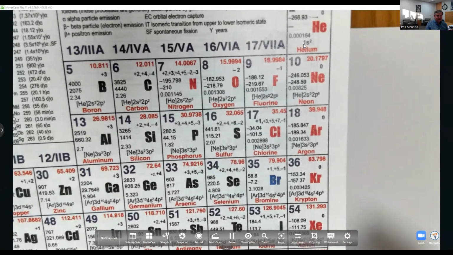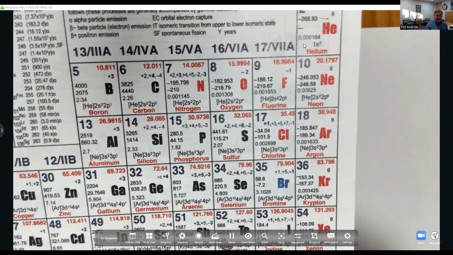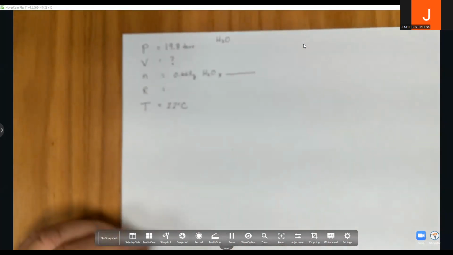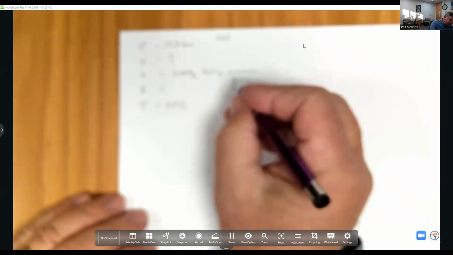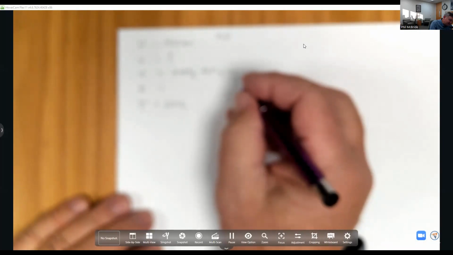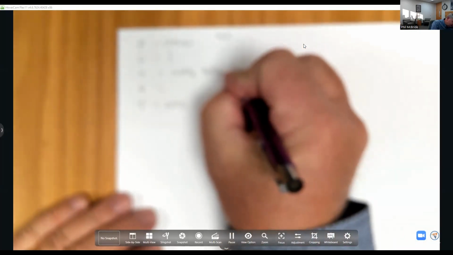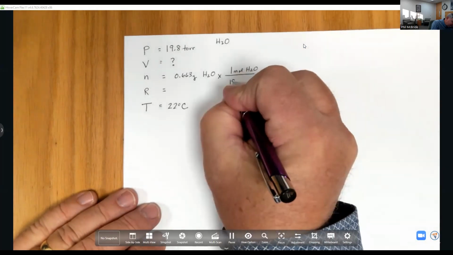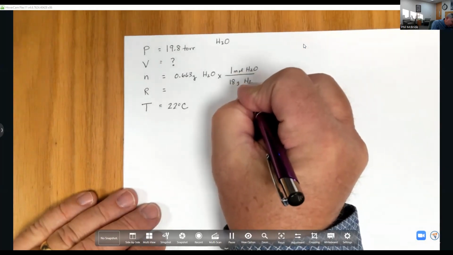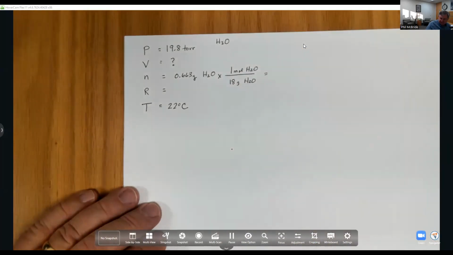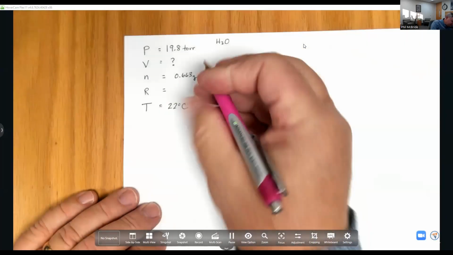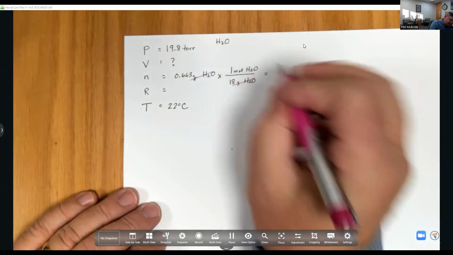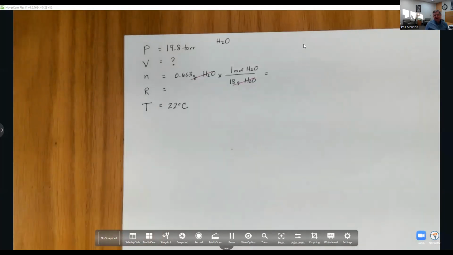So I have 2 hydrogens and 1 oxygen, so 16 plus 2 is 18. So 1 mole of water over 18 grams of water. So our grams cancel. That leaves us in moles. So 0.663 divided by 18.